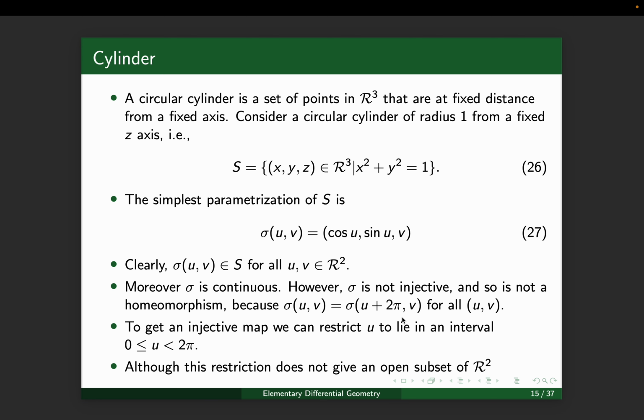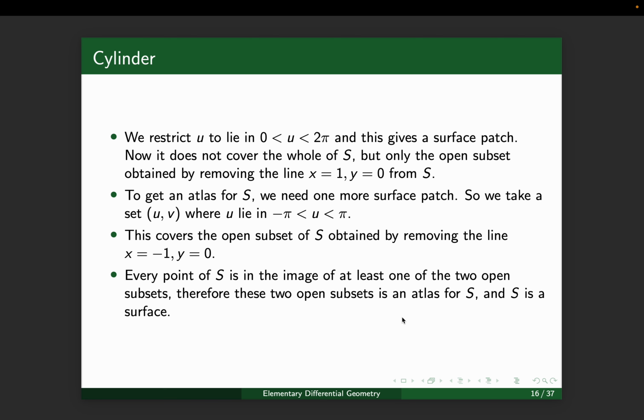So we have to restrict u to be between 0 and 2 pi. This restriction does not give an open set to make it a surface. So to get an open set, we restrict u again to between 0 and 2 pi, exclusive. But this does not cover the whole cylinder.